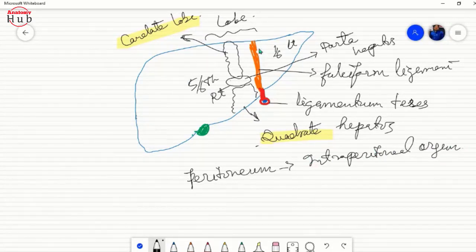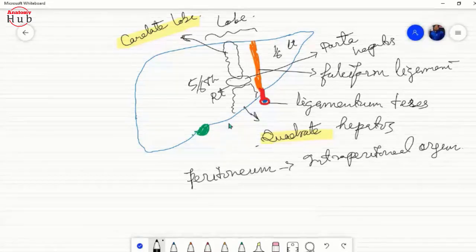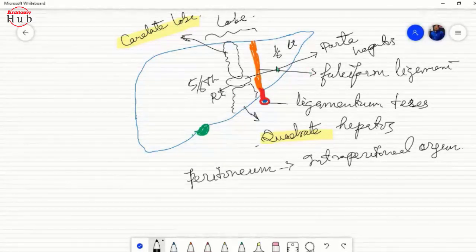That means the whole liver is covered by the peritoneum, except some areas that we will discuss. So this falciform ligament attaches to both structures, to the liver and to the anterior abdominal wall. But this liver is actually covered by a capsule.